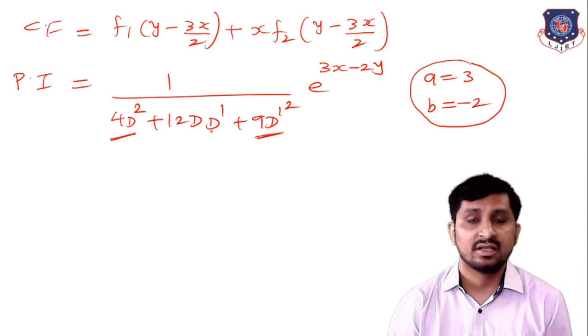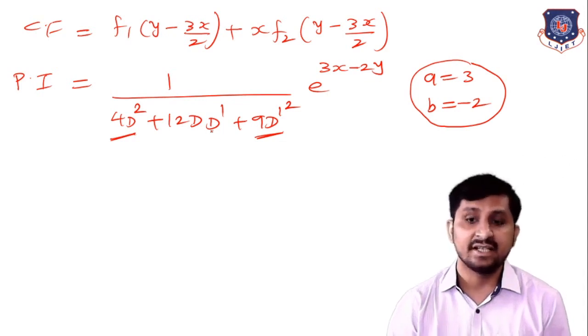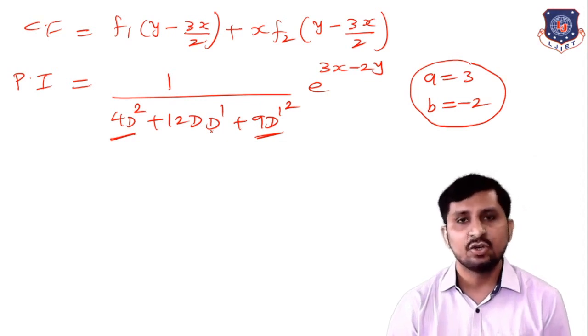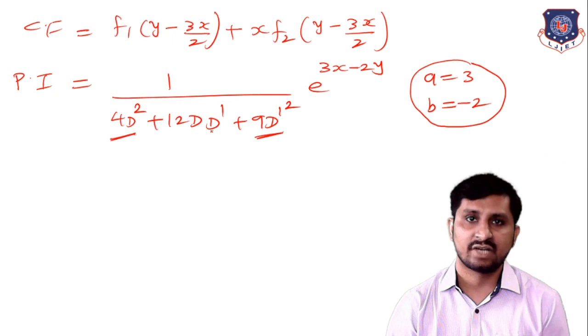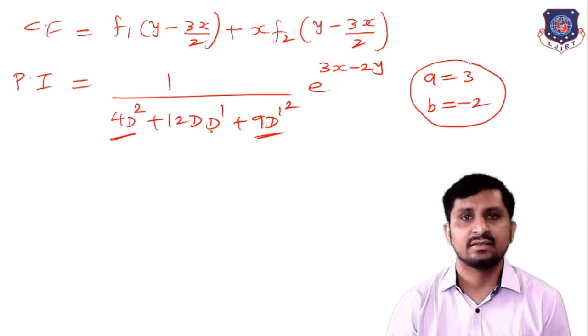So when you put a equal to 3 instead of d and b equal to minus 2 instead of d dash, the denominator becomes 0. So you cannot take the values of a and b directly.